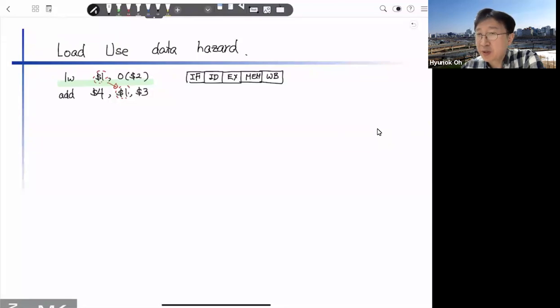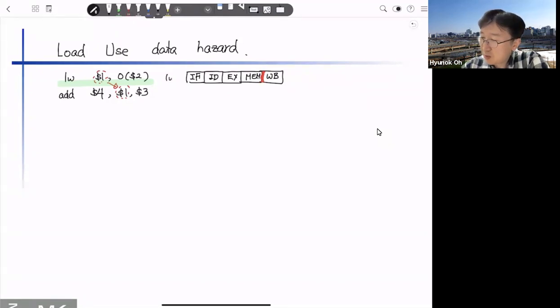In the ALU operation case, the data is available at the end of the execution stage. But in the load instruction case, definitely at the end of the memory stage. Here we know the data from the memory, even though it is not updated to the register yet.